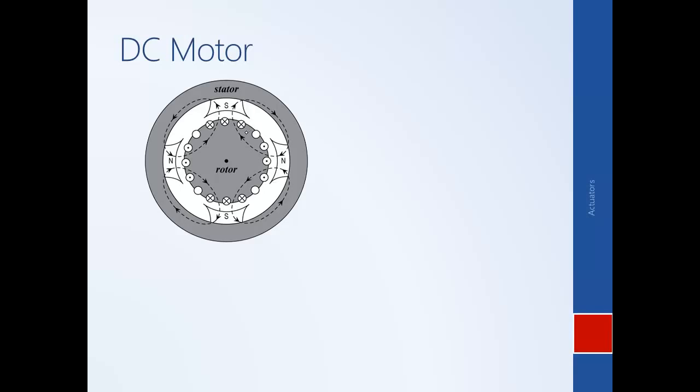The X is the current going into the page, where each dot will be matched up with an X on the other side. And the examples where there's no current flowing at all, you can imagine that's where the commutator is in its break, so no current is flowing through the coil at all.